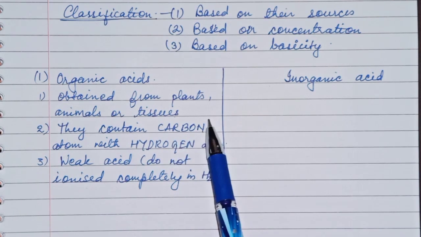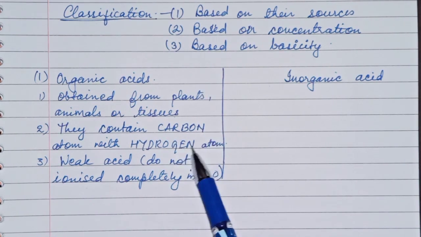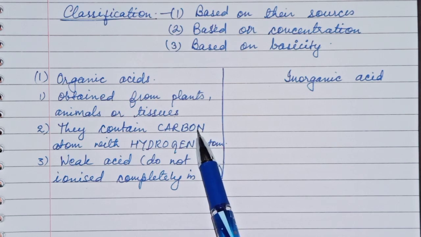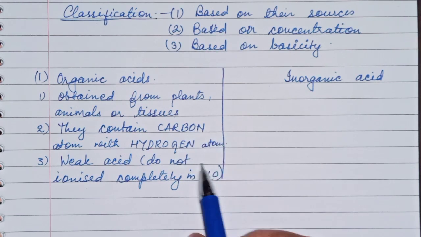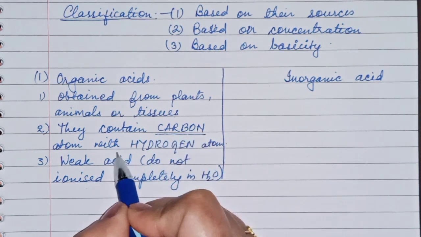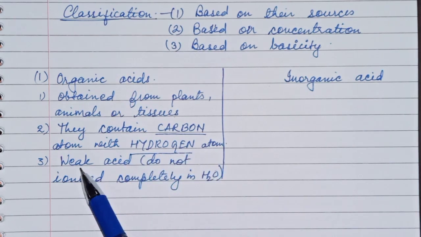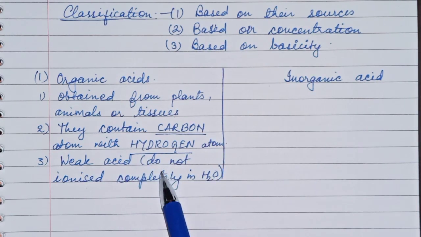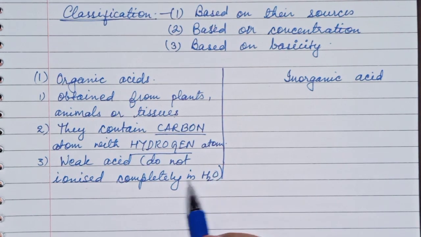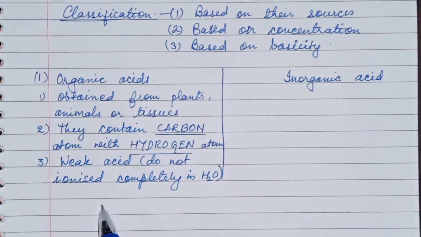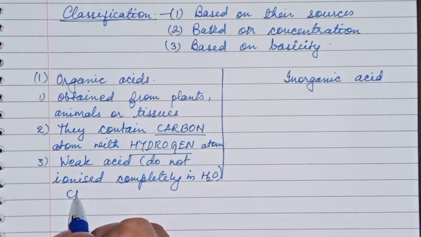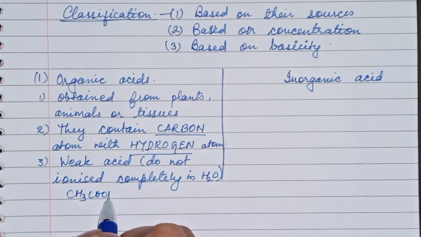Just now I have explained that acids contain hydrogen atom, but if carbon is also there with hydrogen, you can say this is an organic acid. And these are weak acids. Weak acid means they do not ionize completely in water. That means they will not form ions completely, like CH3COOH.